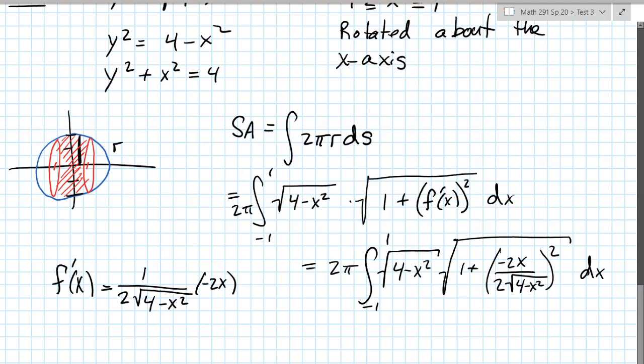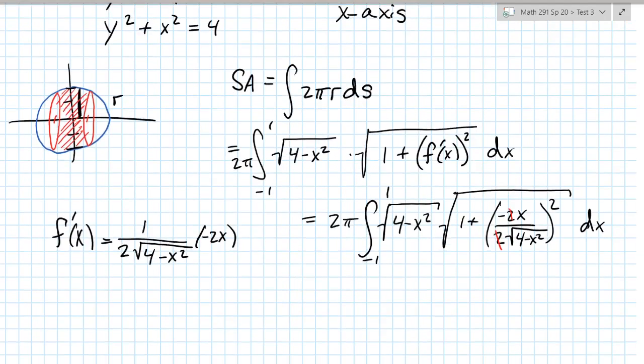And we note 2 over 2 can cancel out. Also, we see that we're going to have an x squared in the parentheses, and we have a perfect square down on the bottom under the square root squared.